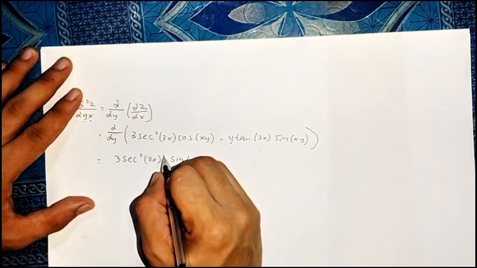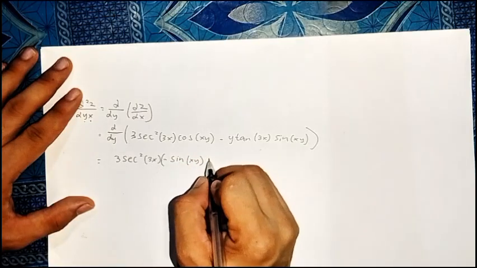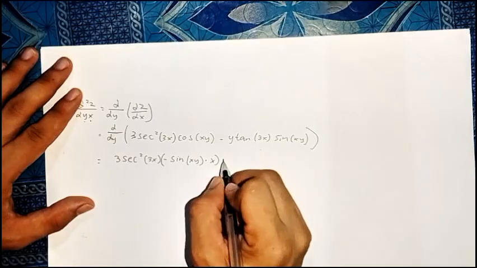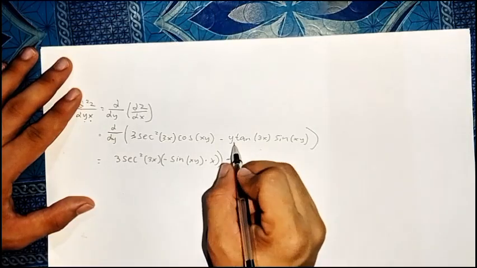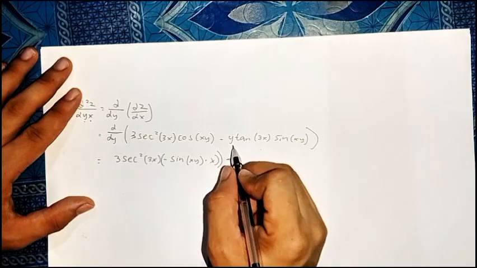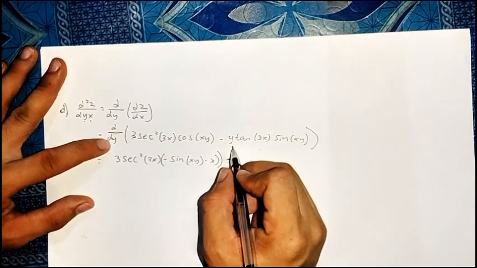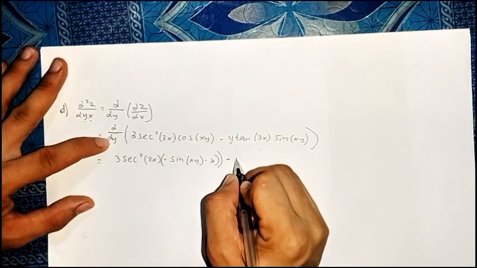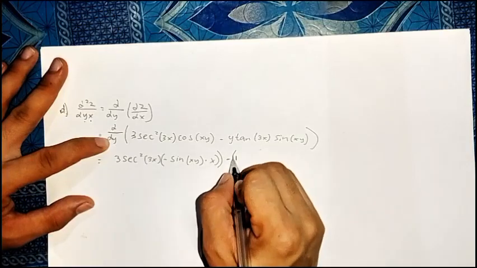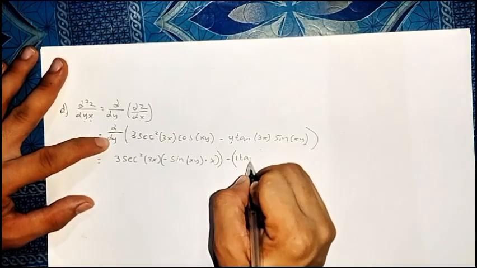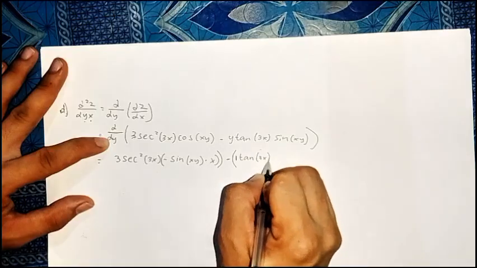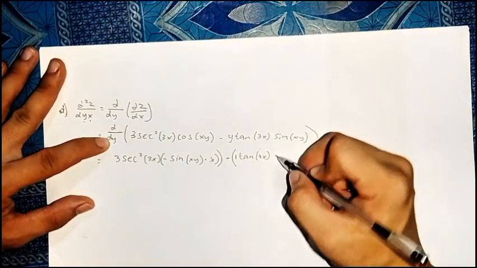The derivative of xy with respect to y is x. Now, let's proceed to this one. The derivative of y with respect to y is 1. Tan 3x is a constant, so let's just copy tan 3x sine xy.